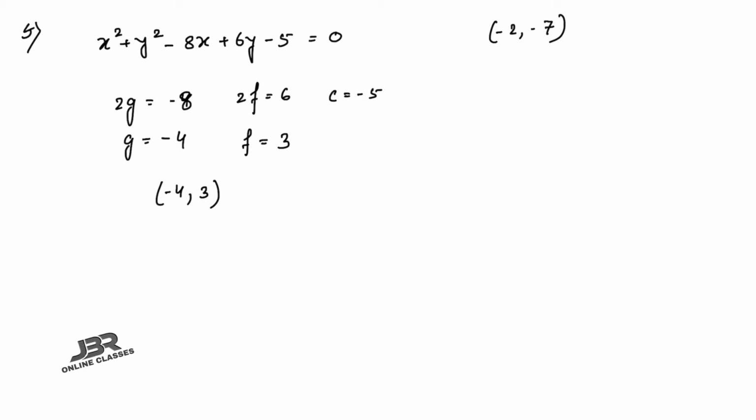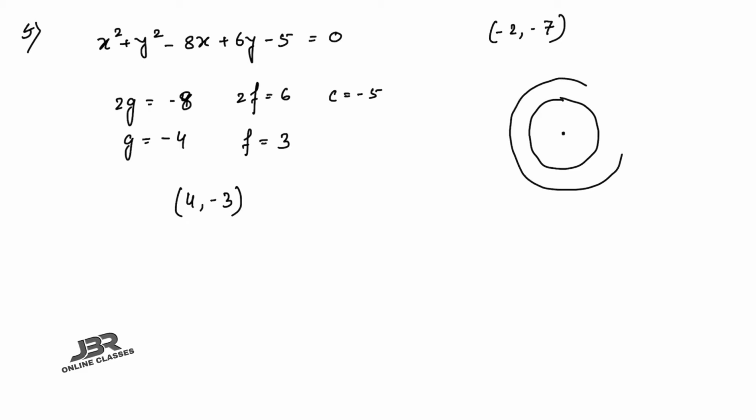So the required equation of the circle has the same center as the given circle. Suppose you draw the diagram in this way. Sorry, as g equal to minus 4, the center is (4, -3), and the other circle has the same center.